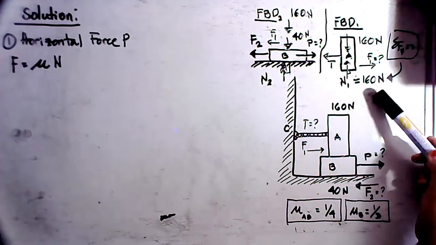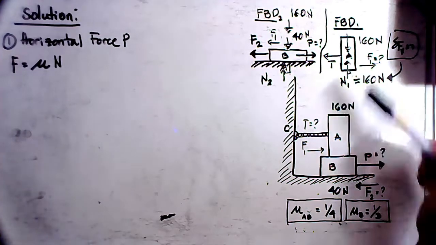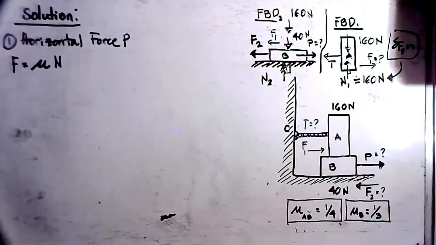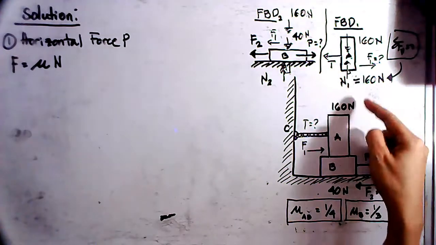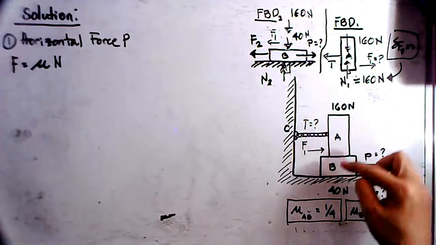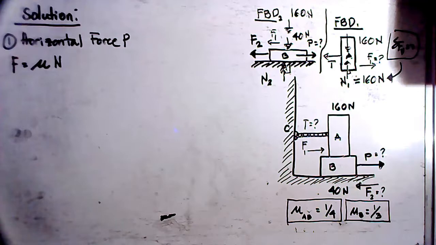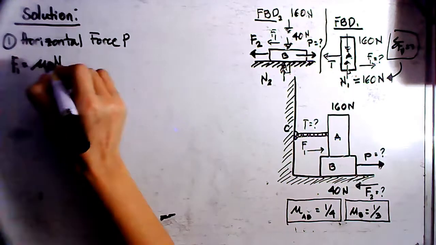To determine the force P, we need to determine first what are the forces applied to both blocks, block A and block B. So let us begin with the first block.